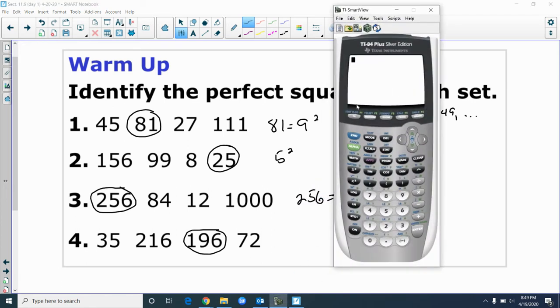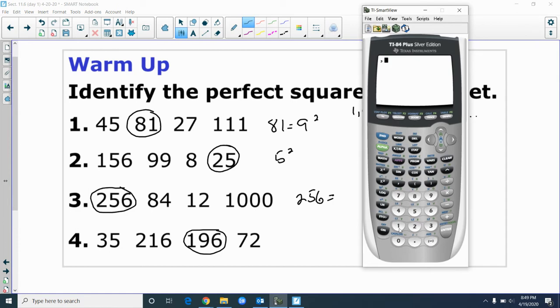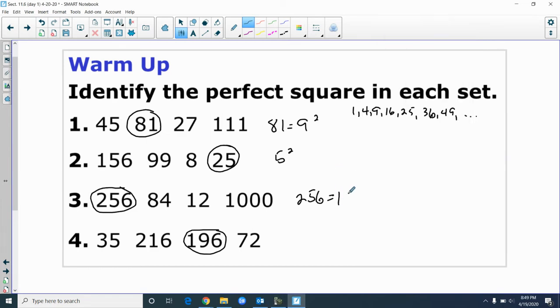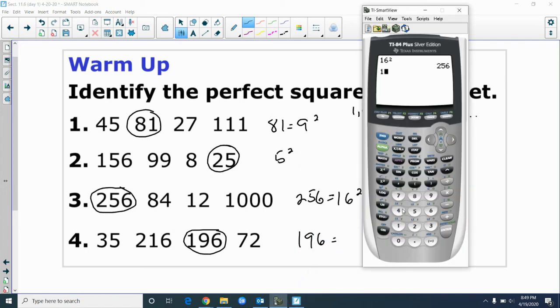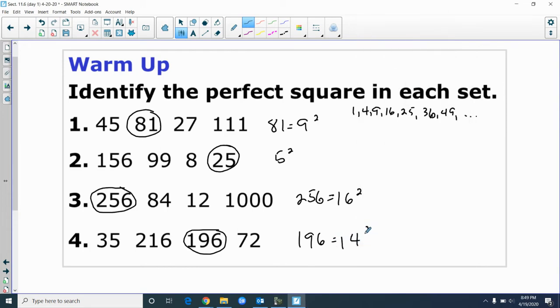That is 16 squared. Whoops, it's going to give me an error message. And that is 256. And what about 196? That will be 14 squared is 196. All right, so those are your perfect squares out of those numbers.